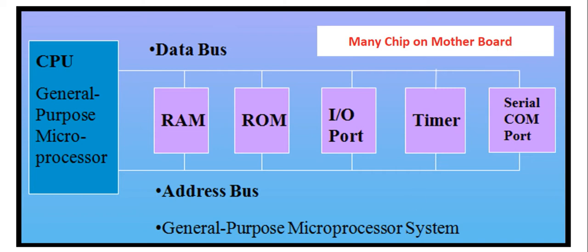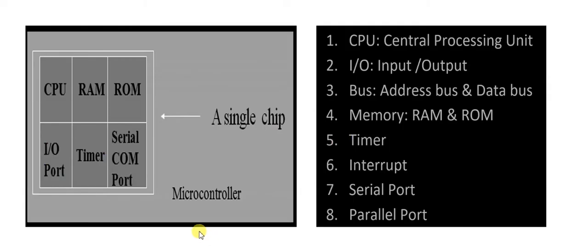Now let us discuss what is inside the microcontroller. The concept is similar, but everything is inside a single chip. So you can say that a microcontroller contains CPU, RAM, ROM, IO port, timer, serial port, everything required to make a computer is available in a single chip.